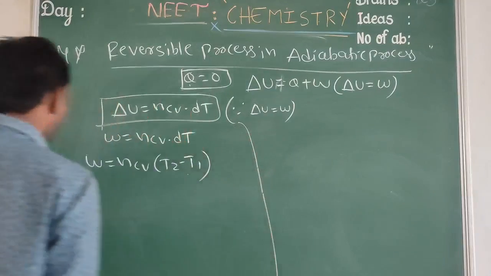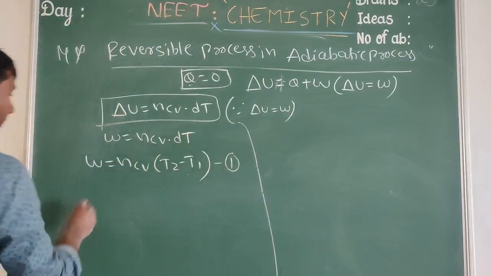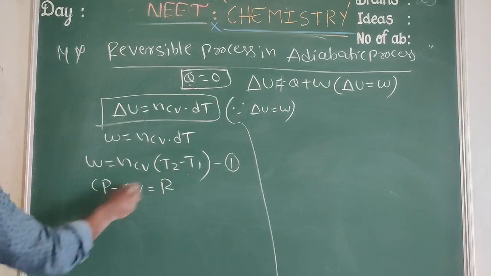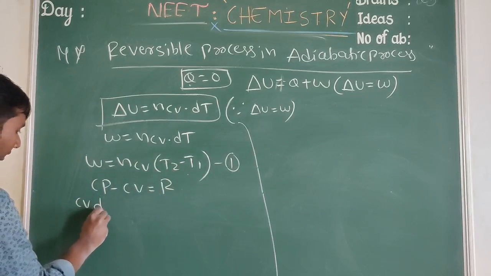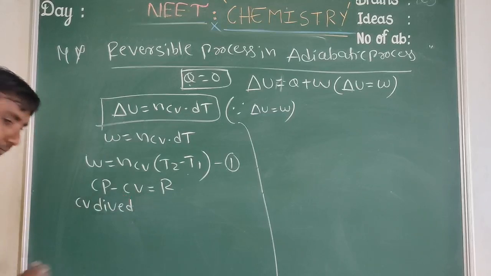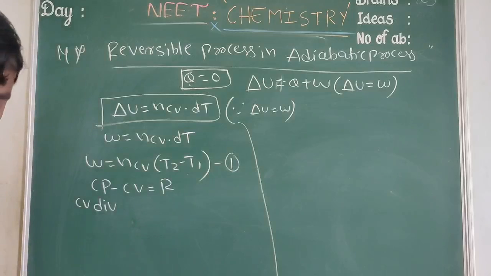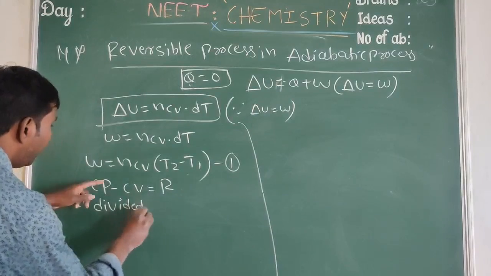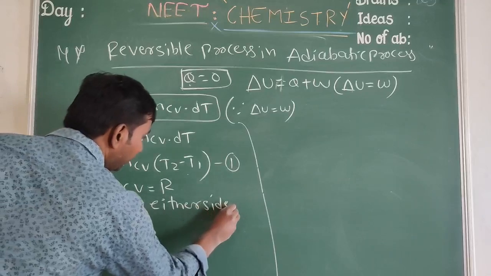Okay. Next, Cp minus Cv equal to R, this is equation 1. Divide Cv on either side.